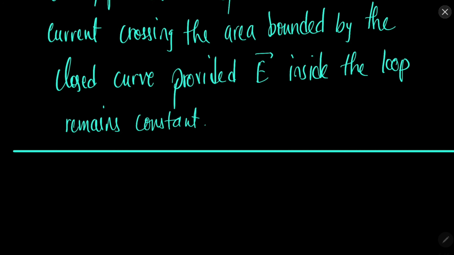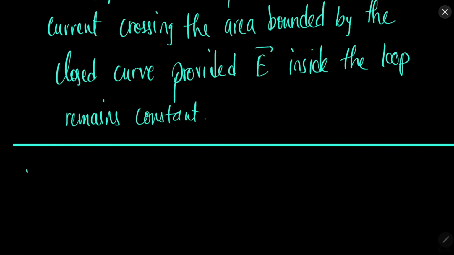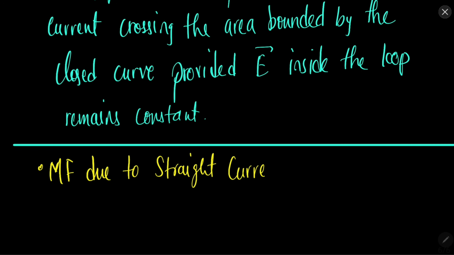So by using Ampere's law we can find the magnetic field for a straight current carrying wire or conductor.